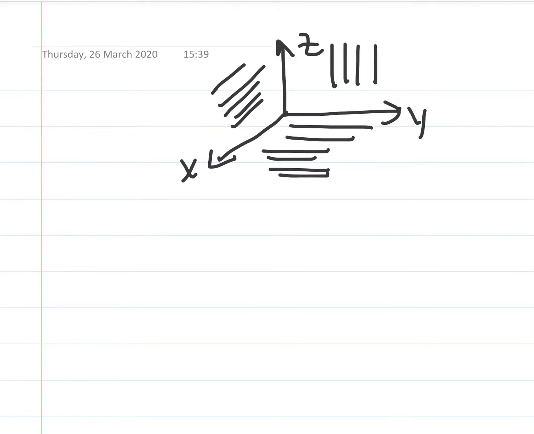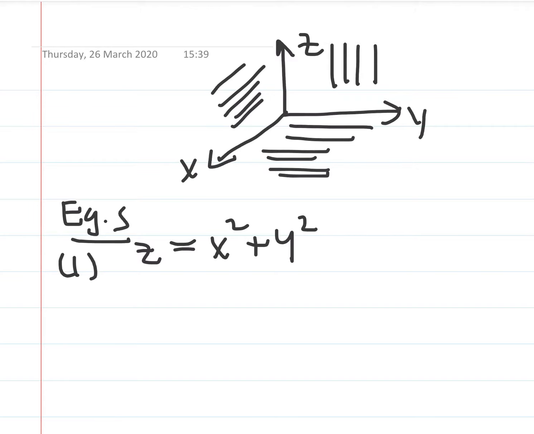So by way of example, and we look at a number of these, some standard examples, we will now consider the surface z equal to x squared plus y squared, say. So to project, say, onto the zx plane, we will let y equal to 0 or y equal to constant.